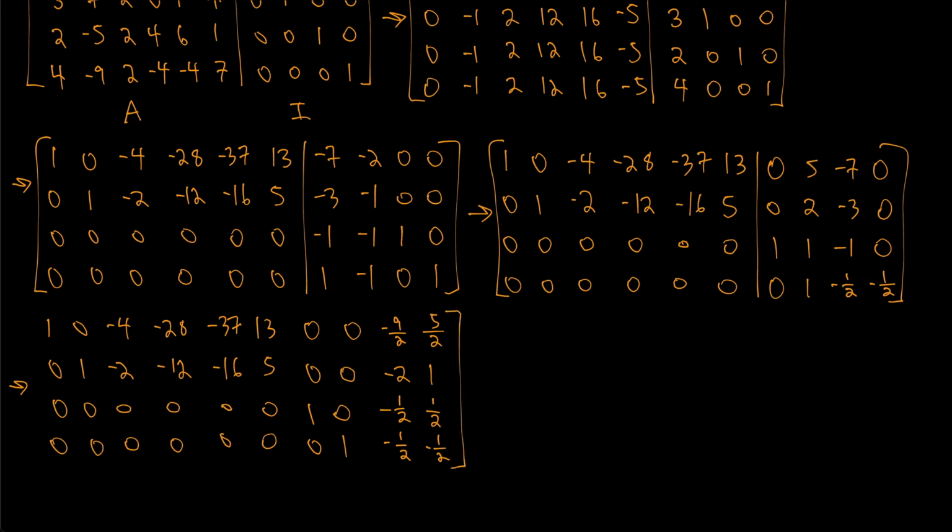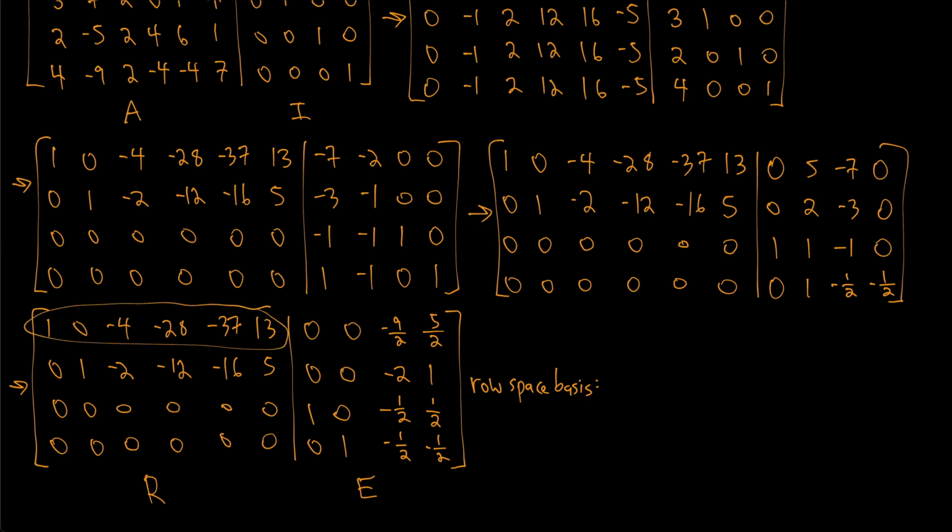Okay, excellent. So now I have, let's call this matrix R for the reduced echelon form. We'll call this matrix E. So now I have the basis of the row space. So I'll call it the row space basis. And that'll just be this top row over here. So I'll write that in column form.